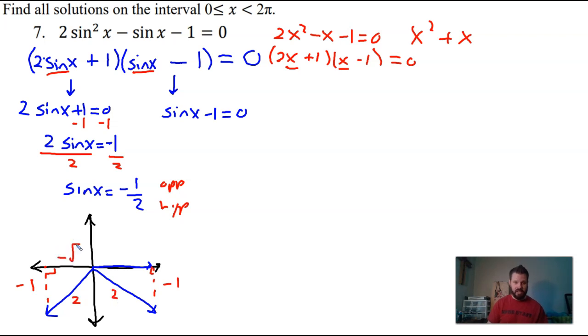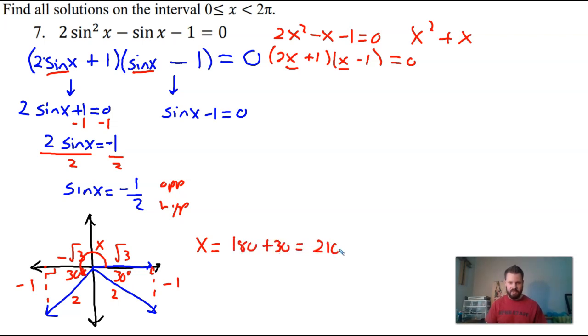That means my adjacent sides have to be root 3's because we're talking 30, 60, 90's. Okay, and then the solution I'm actually looking for is this angle in standard position. So we could say x is equal to 180 plus 30, in other words 210 degrees, which if I convert, I end up with 7 pi over 6.